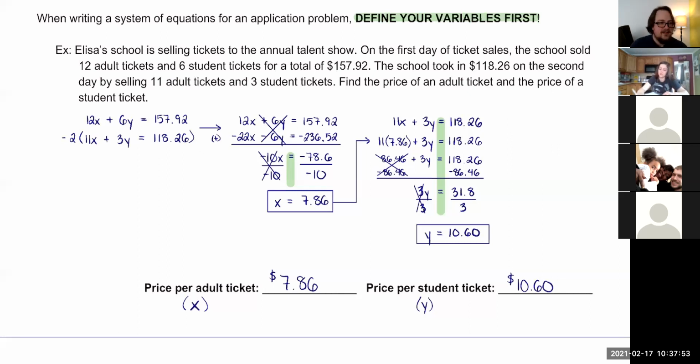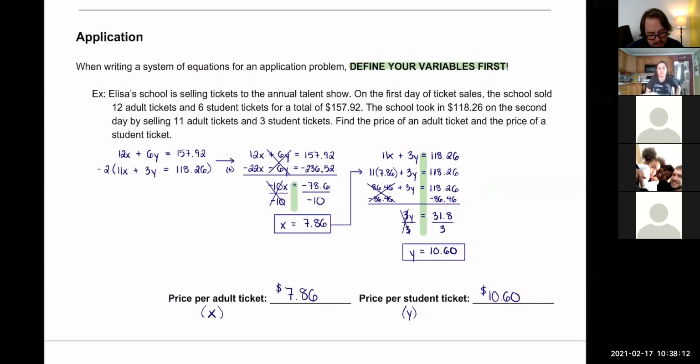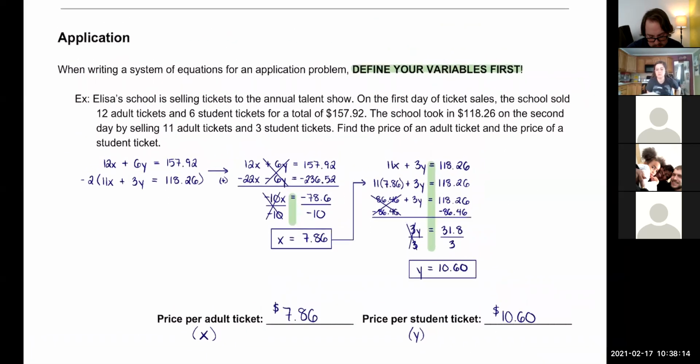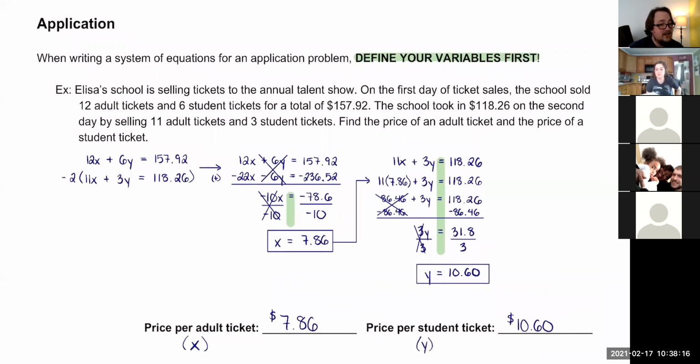But in the terms of this fictional world, apparently students pay more for their tickets, and apparently they charge very precise rates. But we solved it, and this would work in any situation like this. So the only new thing is we had to write our own system of equations. How we actually solved it was the same exact way we solved every other.